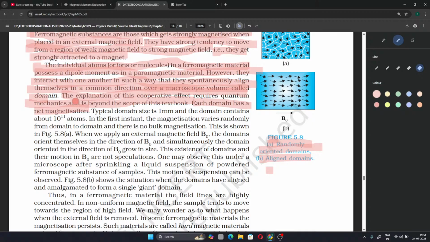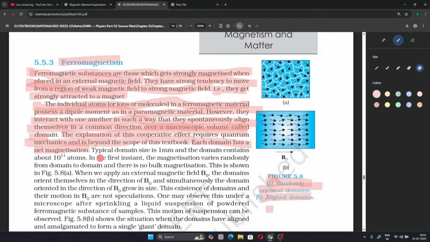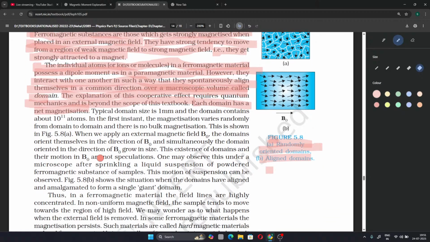Okay, these individual magnetic moments or dipoles spontaneously align themselves in a common direction over a macroscopic volume. A large number of these get aligned in a single direction, called a domain. These are randomly oriented.